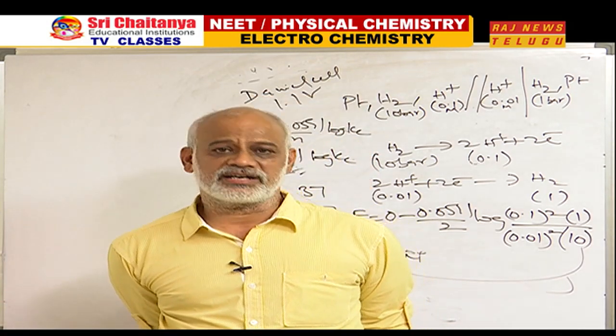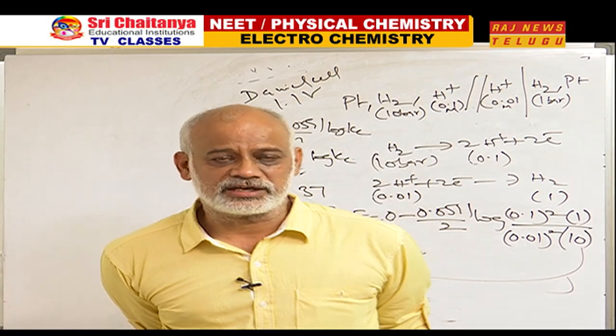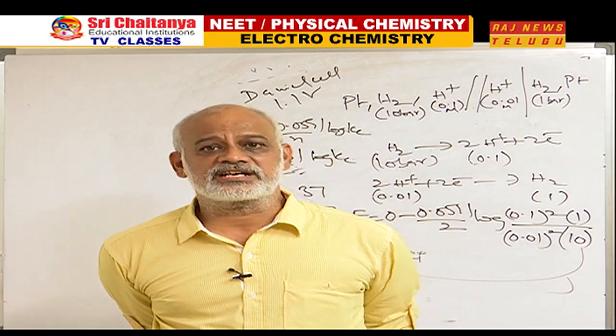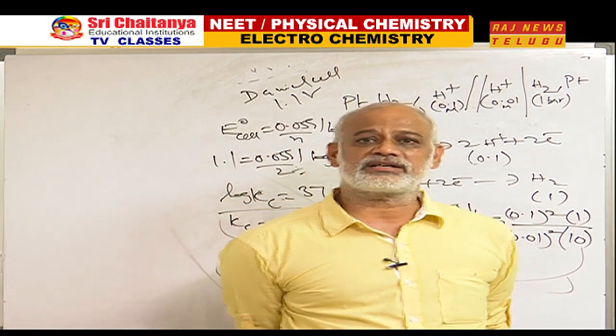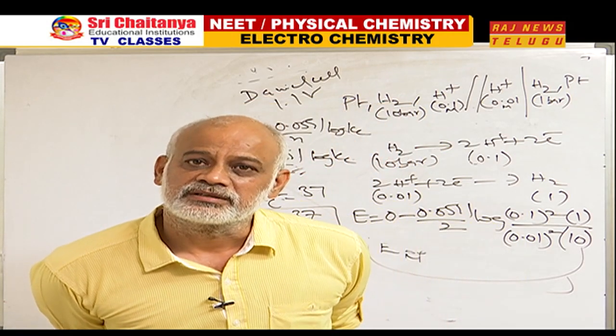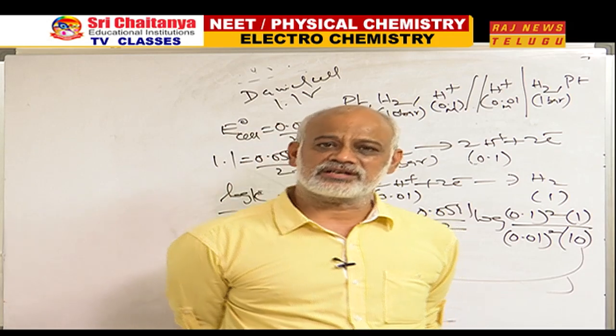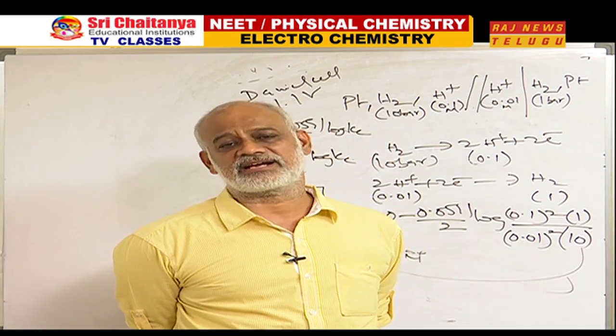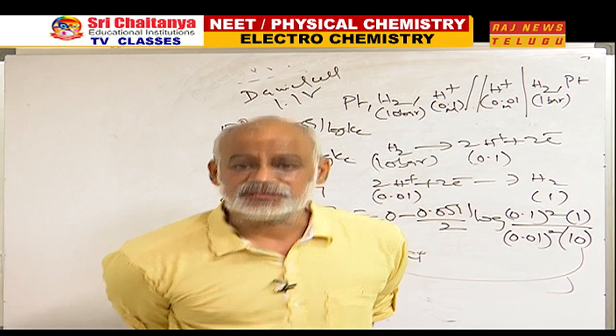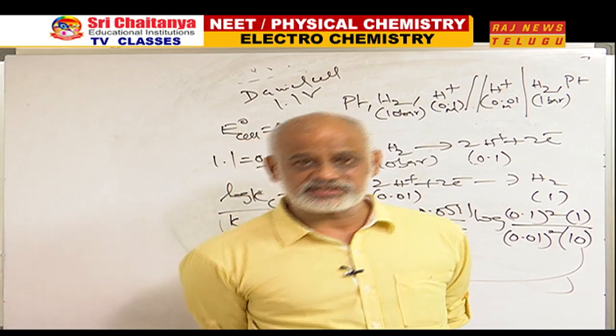Oxidation occurs at one part of the surface, and reduction occurs at another part. That is the reason why any metal undergoing corrosion acts like an anode, because it gets oxidized.